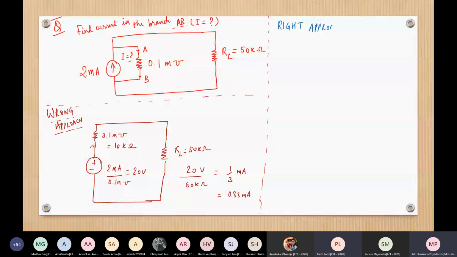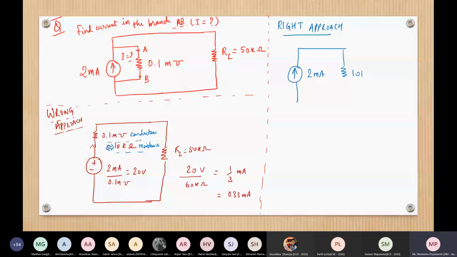Right approach. This is 2 milliampere. This is how much? 10 kilo ohm. Why am I saying that? Because 0.1 millisiemens conductance is equivalent to 10 kilo ohm resistance.